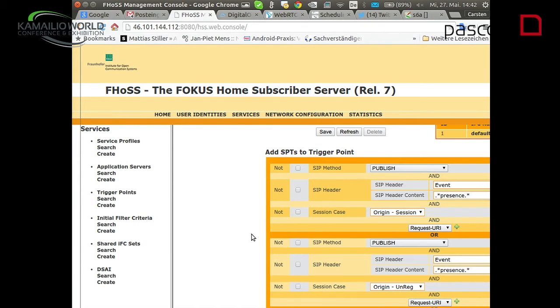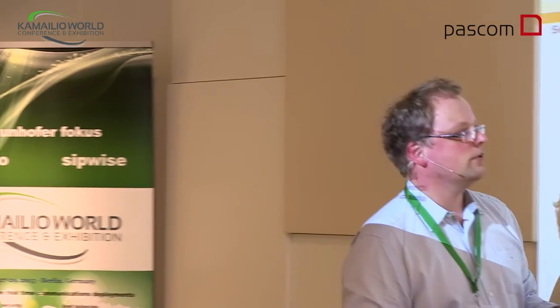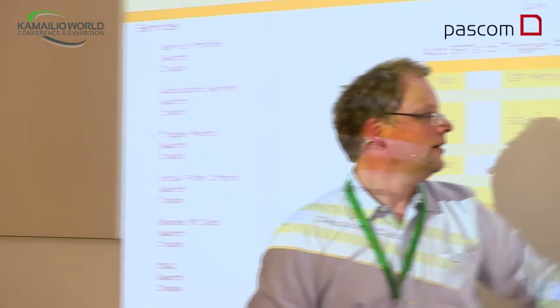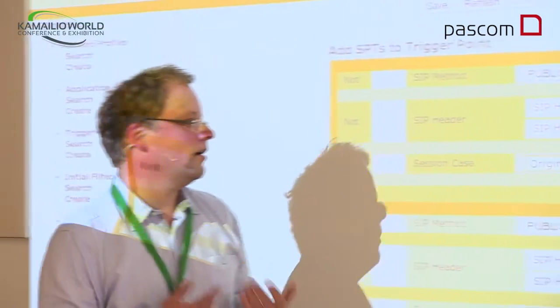And you can really do a lot of different things. For example, in my talk about short message service for VoLTE, which I'm doing on Friday, we will have a trigger point which will be a MESSAGE and a SIP header, which would be Content-Type 3GPP SMS, for example.